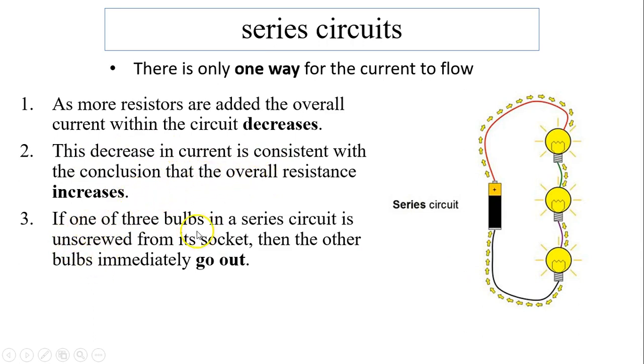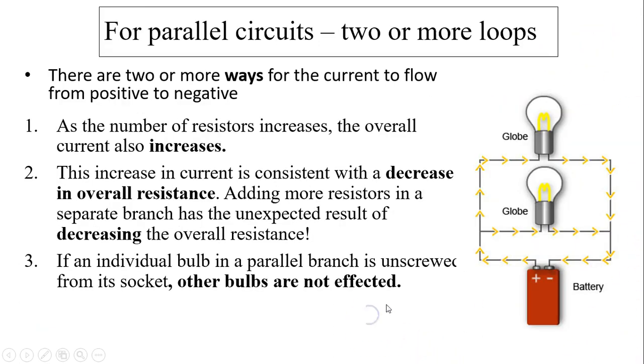Right? If one of the 3 light bulbs in the series circuit is unscrewed from its socket, then the rest of the light bulbs will immediately go out. This is kind of similar to the Christmas lights. You know, the old types of Christmas lights, when one light bulb goes out, the whole thing goes out. This is the series circuit.